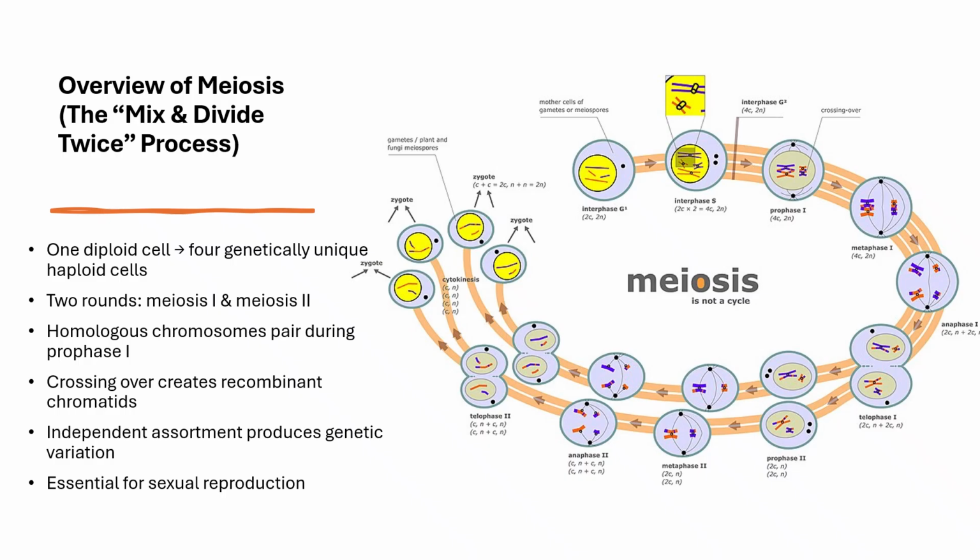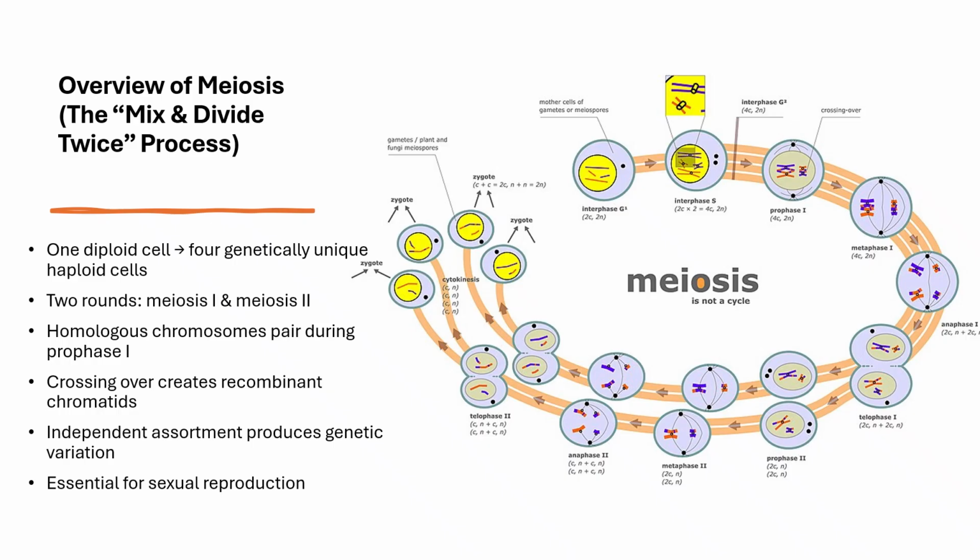Meiosis is more complex than mitosis because the goal is to produce gametes with half the normal chromosome number. The process is split into two rounds of division, meiosis 1 and meiosis 2. During meiosis 1, homologous chromosomes pair and exchange genetic segments in a process called crossing over.